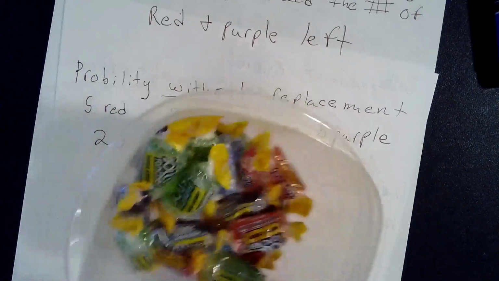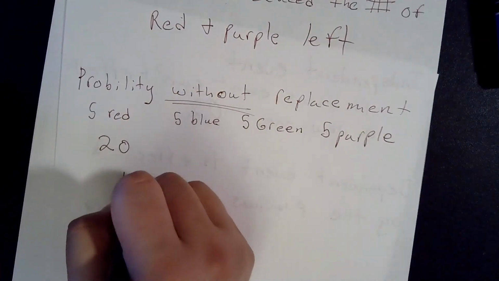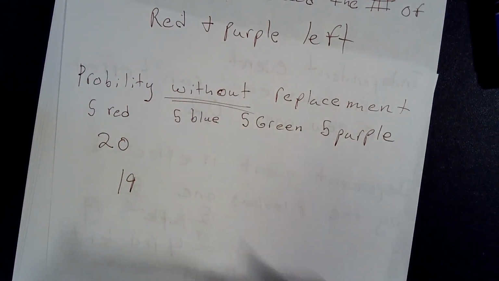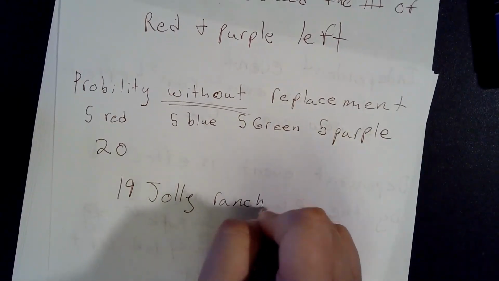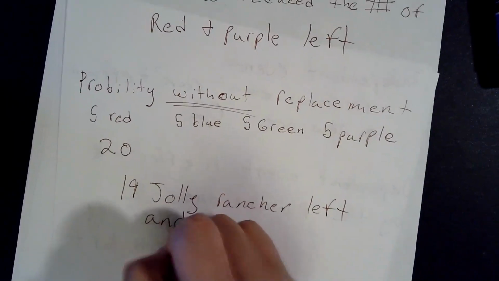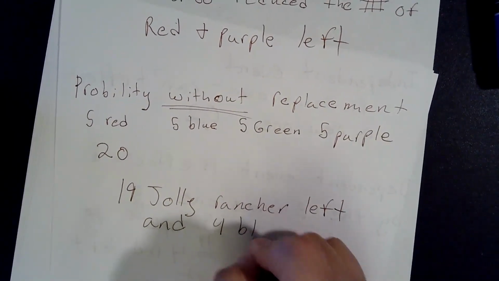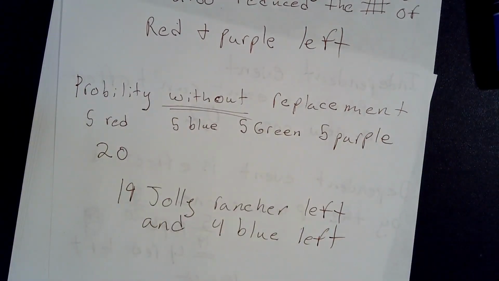I now only have 19 Jolly Ranchers left and 4 blue ones left. Okay? So I'm not going to put that blue Jolly Rancher back. I'm going to eat it.